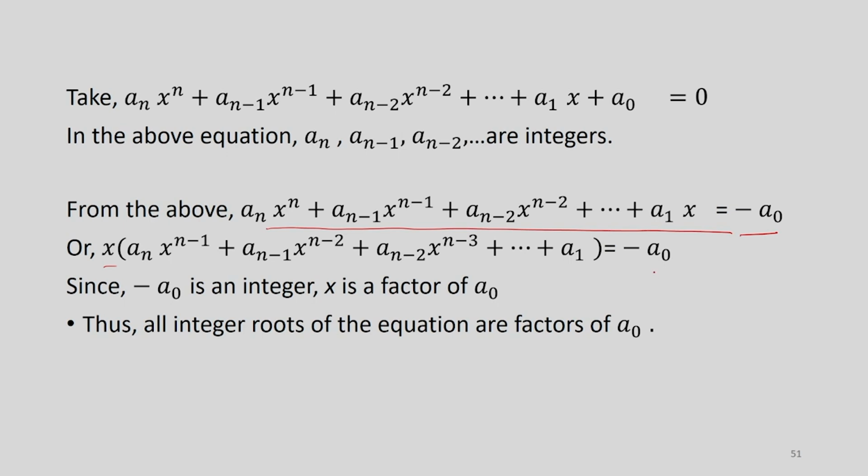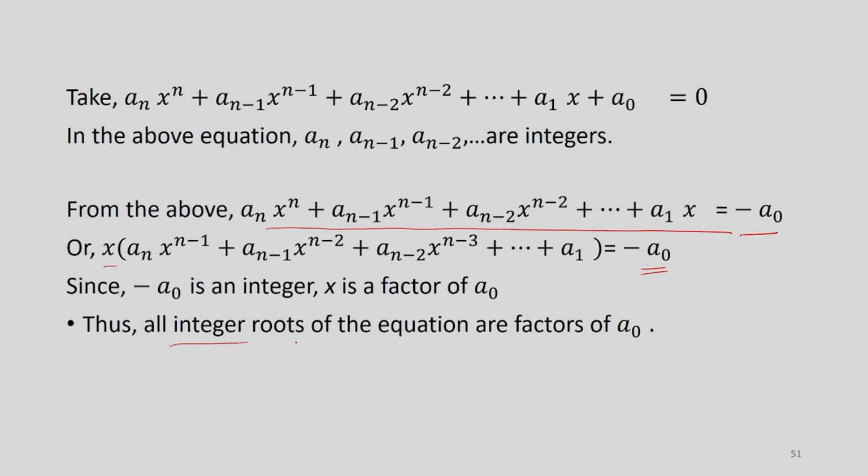Now, we know that a0 is an integer because it's the constant term, and all the coefficients, constant term is actually a coefficient in some sense. So, minus a0 is an integer, therefore, x is a factor of a0, because we are talking about the roots which are integers. So, x is a factor of a0.